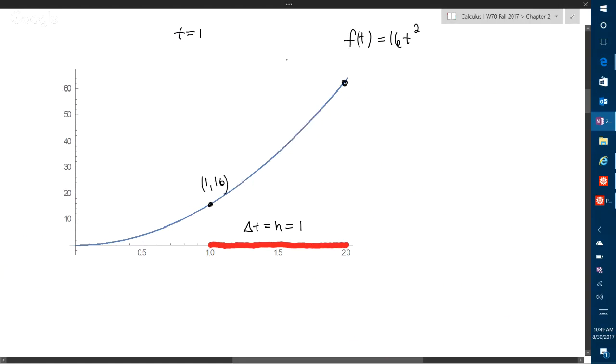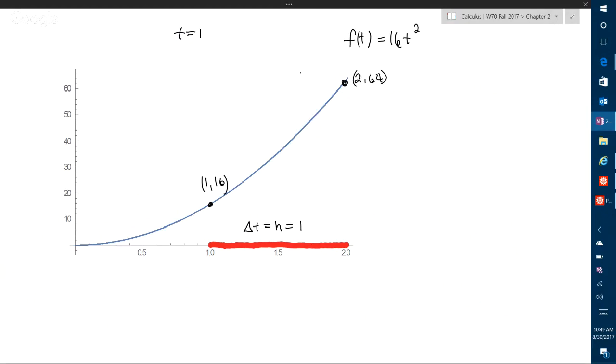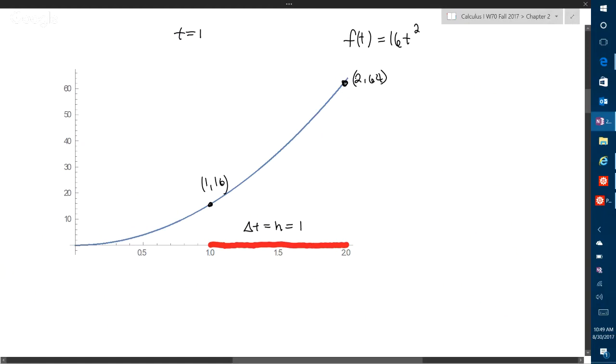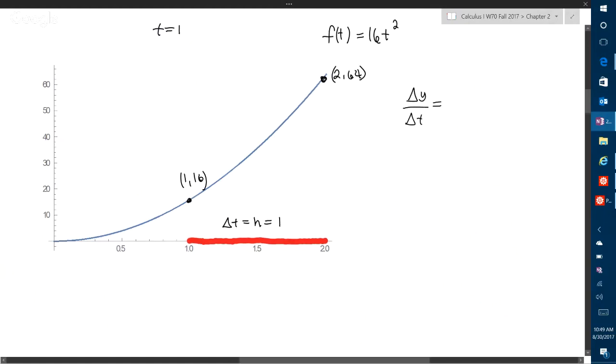This is 2, 64. I'm not going to make you go through the entire computation again. You know that the speed, change in y divided by the change in t, is 64 minus 16 divided by 1, which is 48 feet per second. No surprise there.